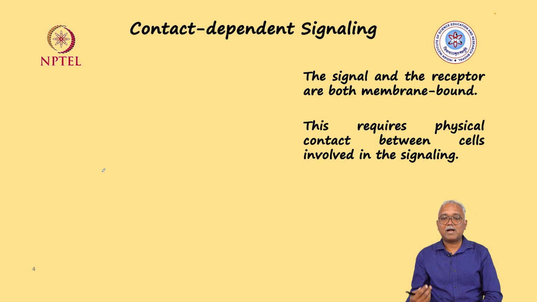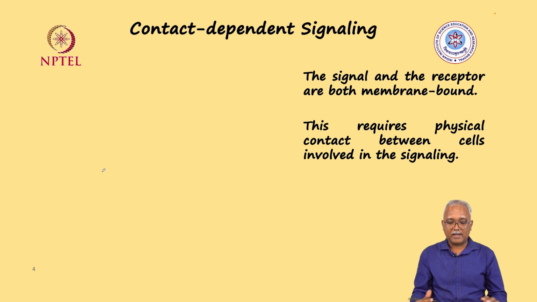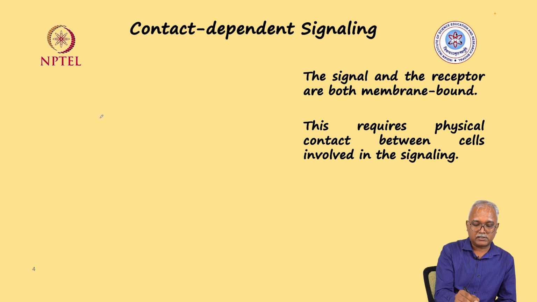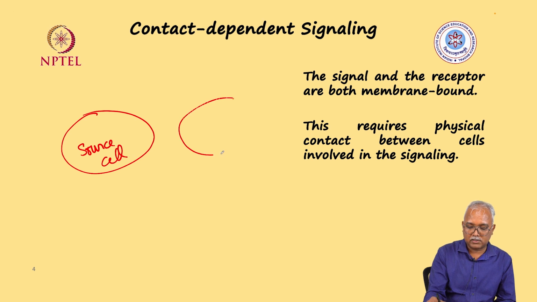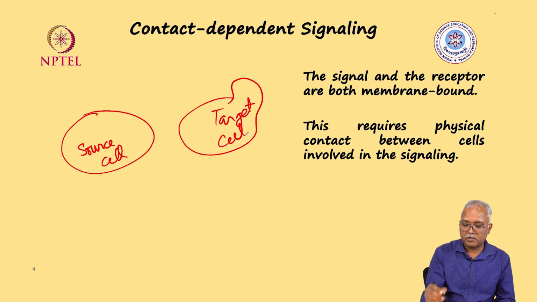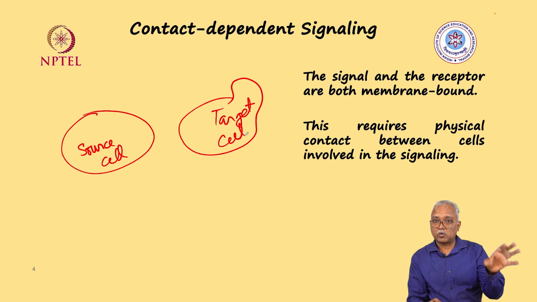But in case of contact dependent signaling, what exactly happens? Consider a scenario where this is a source cell and this is the target cell. You remember we said that there is a source and there is a sink.